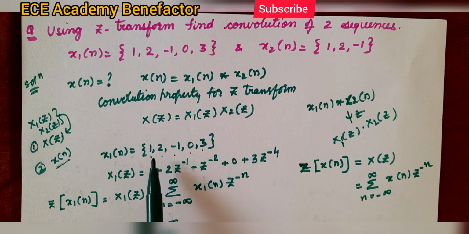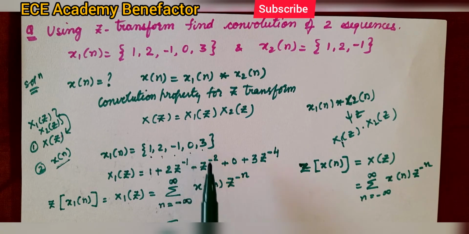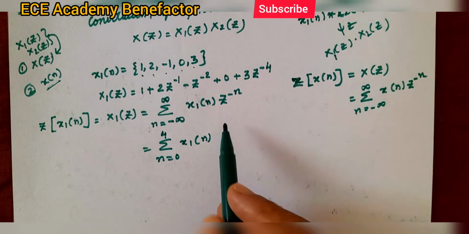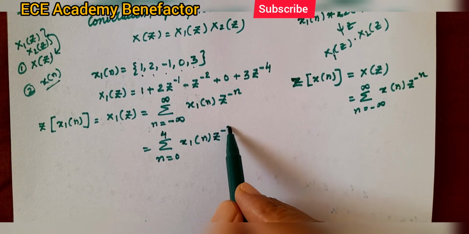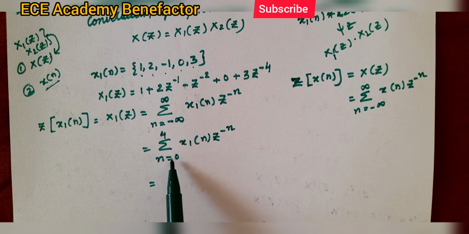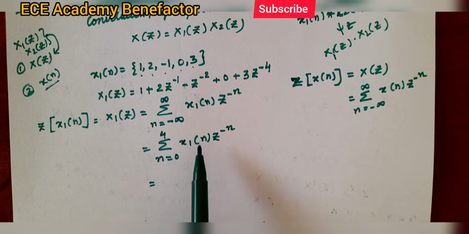Here the values of n are ranging from 0, 1, 2, 3, 4. So, n is equal to 0 to 4, x1 of n z to the power of minus n. Now substitute n is equal to 0.